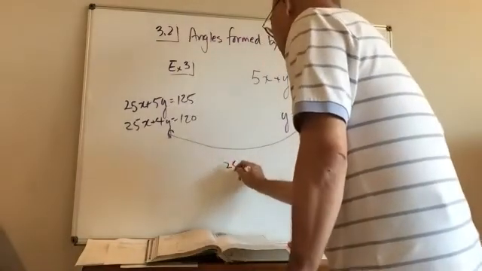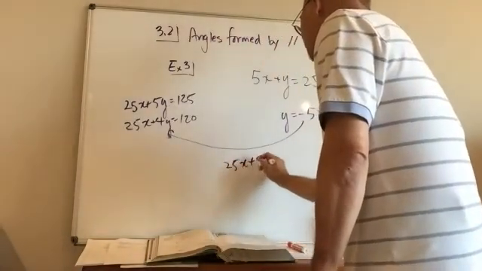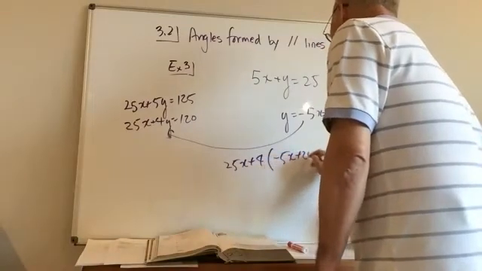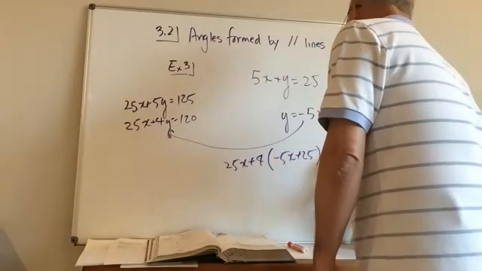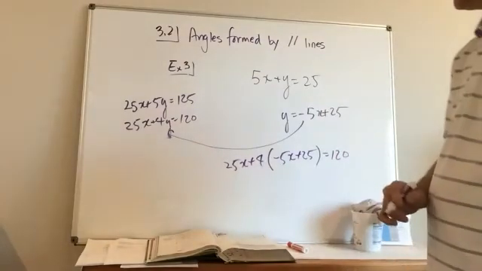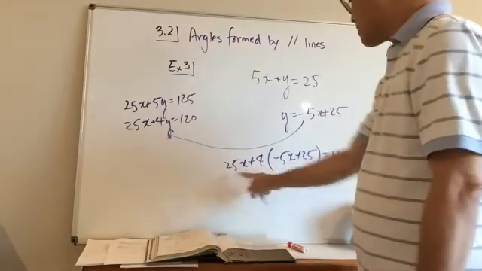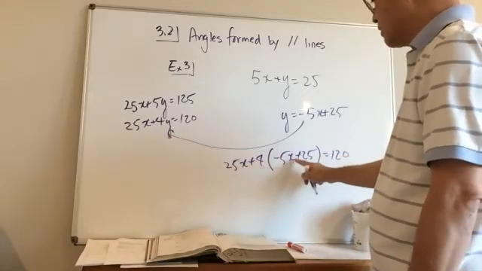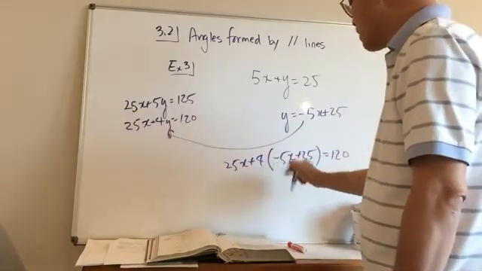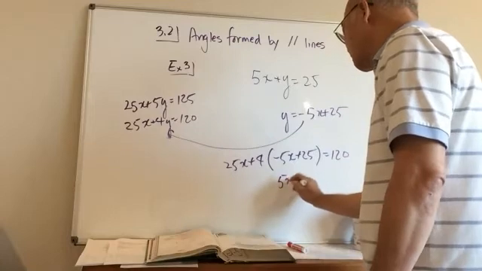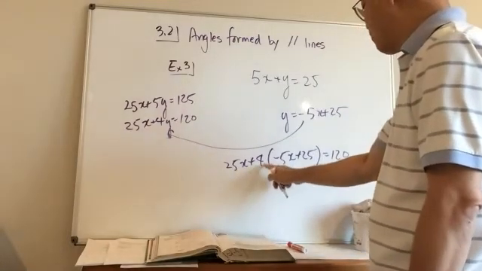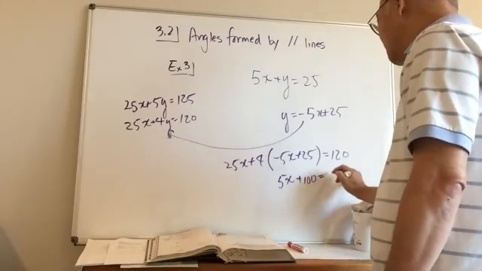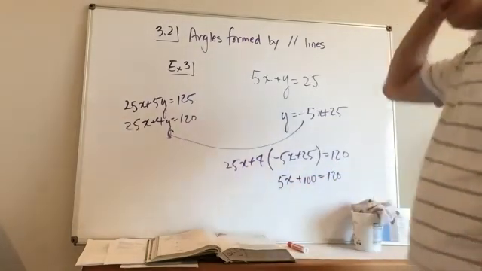So I would have 25x plus 4 times that, equal to 120. So 25x over here, and from here I'm going to get negative 20x. So 25 minus 20 is 5x. Then I have 4 times 25, which is 100. It's equal to 120.